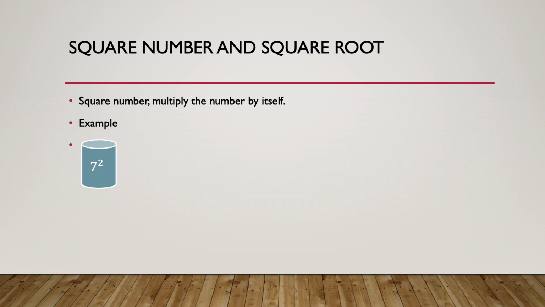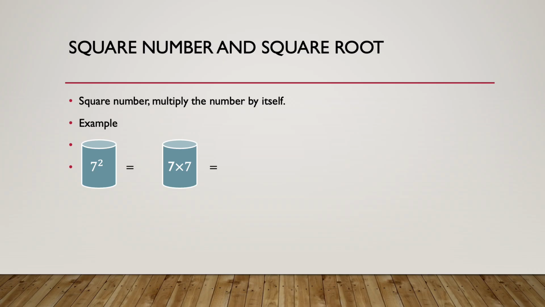Anyway, we write square like that. When you see this, expand it. Square means we multiply the same number by itself.